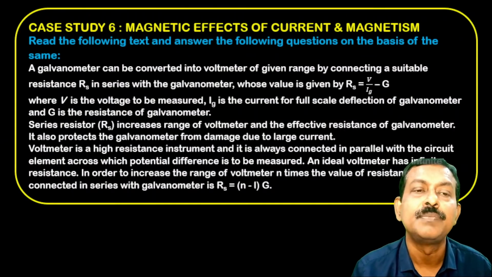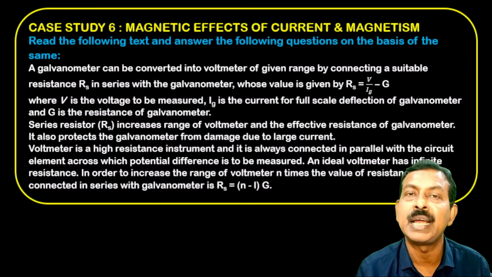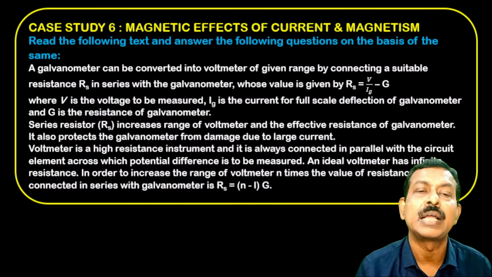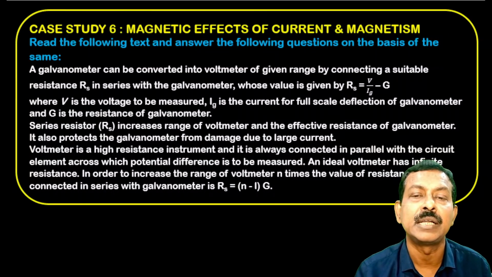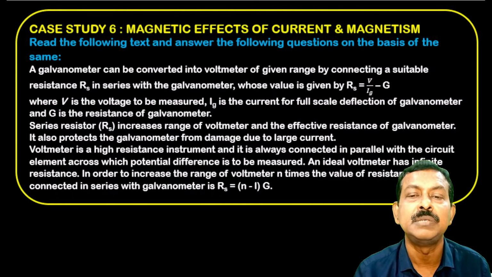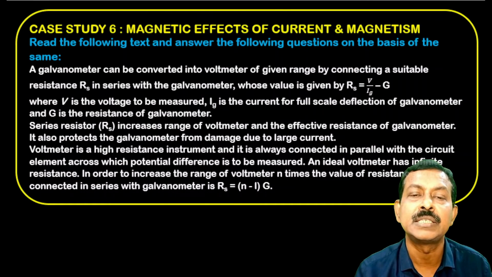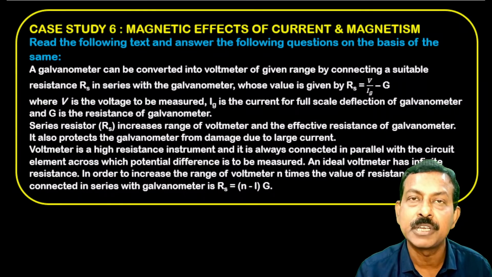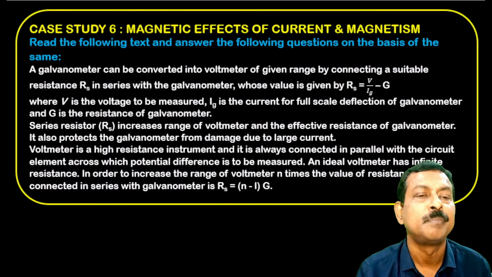Let's now take the last case study question on magnetic effect of current and magnetism. A galvanometer can be converted into a voltmeter of a given range by connecting a suitable resistance RS in series with the galvanometer, whose value is given as RS equals V by Ig minus G, where V is the voltage to be measured, Ig is the current for full scale deflection of the galvanometer, and G is the resistance of the galvanometer.